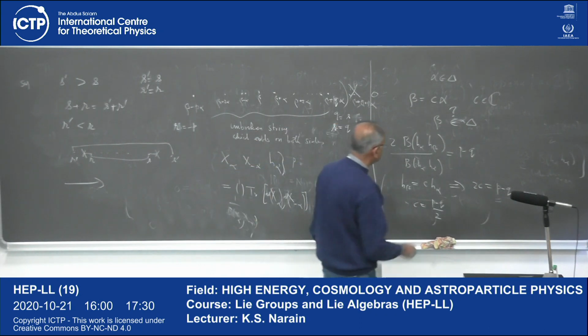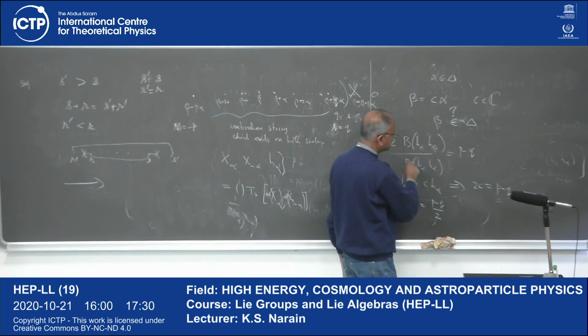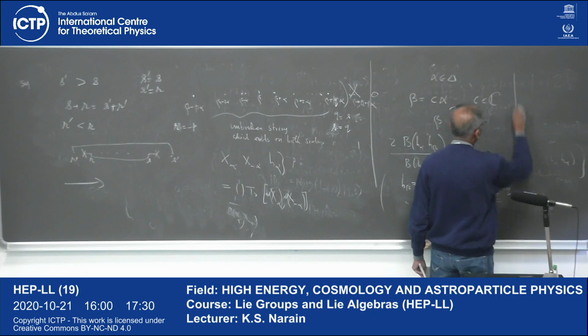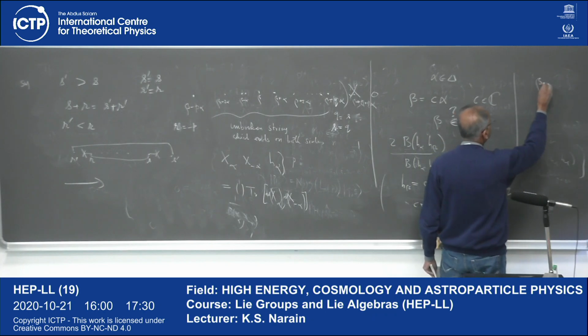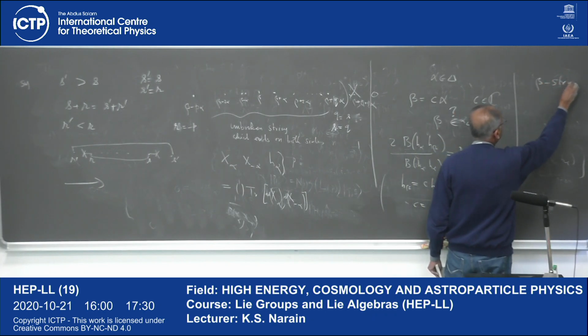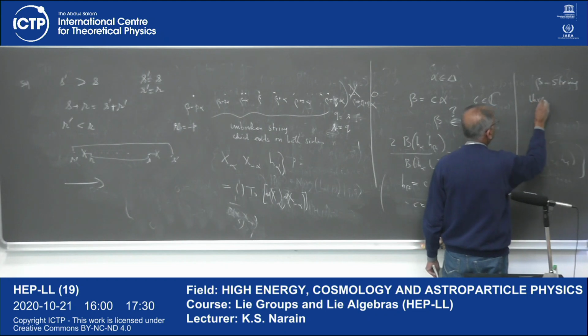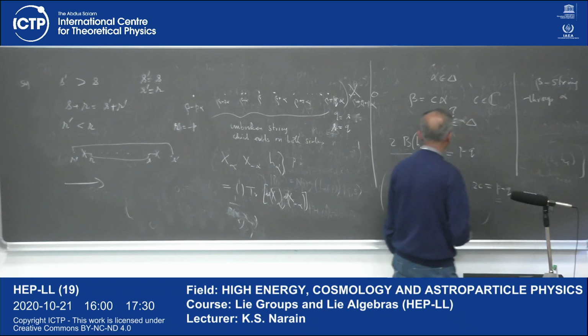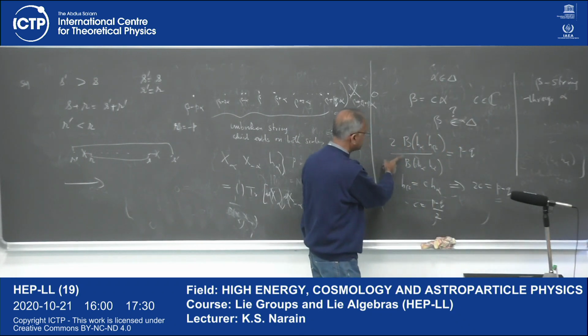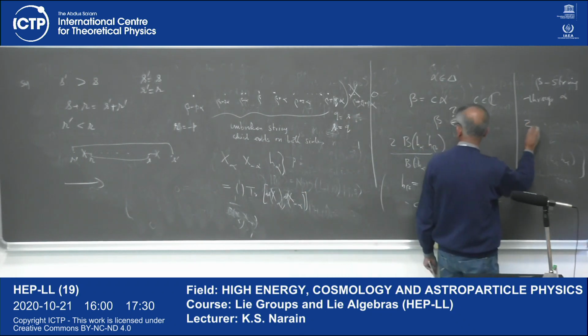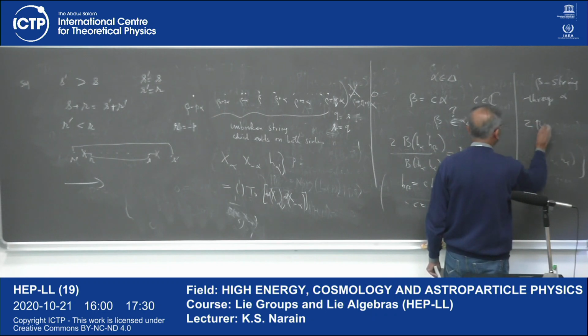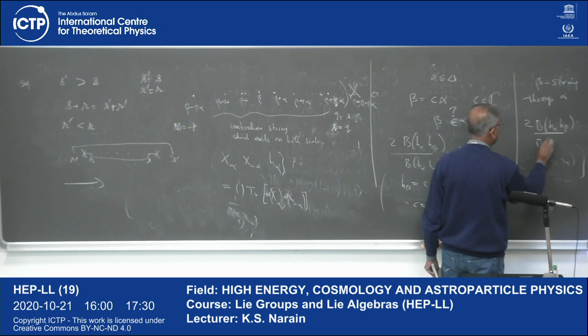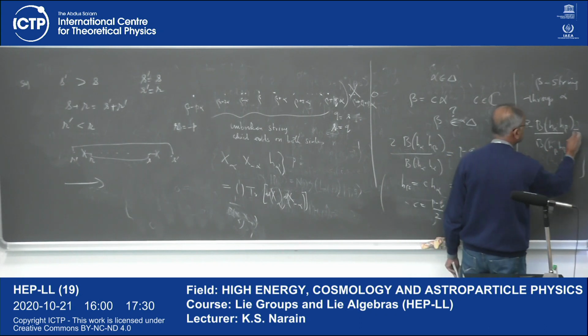Similarly, this was the alpha string through beta, right? But you could have also considered the beta string through alpha. In that case, the formula would be 2 times B(H alpha, H beta) divided by B(H beta, H beta) is some integer.